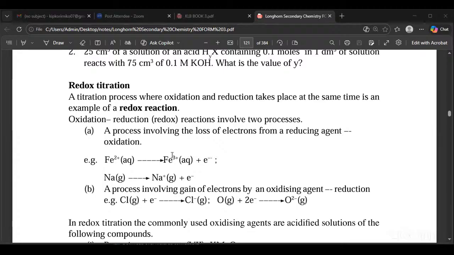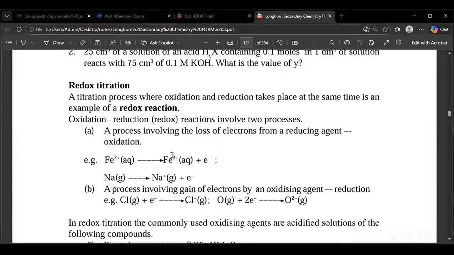Now, in redox, unlike back and direct titration, where most of the time, anytime you see you have been given the indicator, most probably that one will be a back or direct titration.